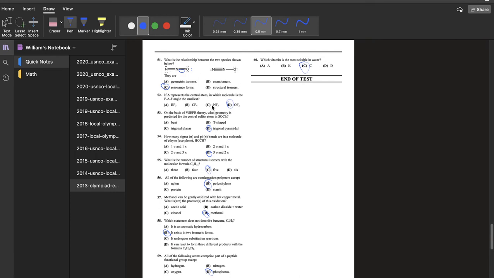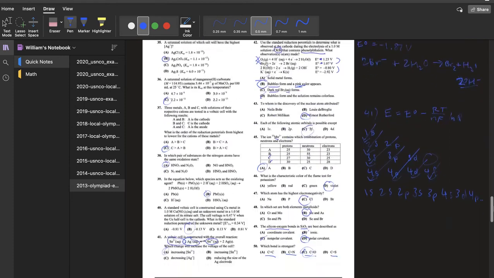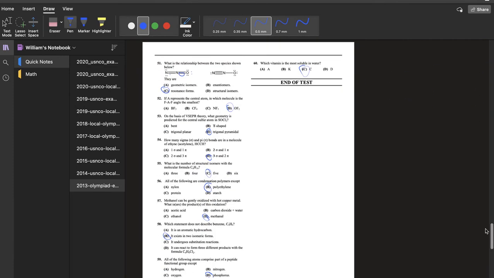If A represents the central atom... Okay, so basically, in order to draw Lewis structures, you have to count the number of electrons in each. So BF3, that should be 24, I think. Yeah, 24 electrons total, because 3 plus 7 times 3.